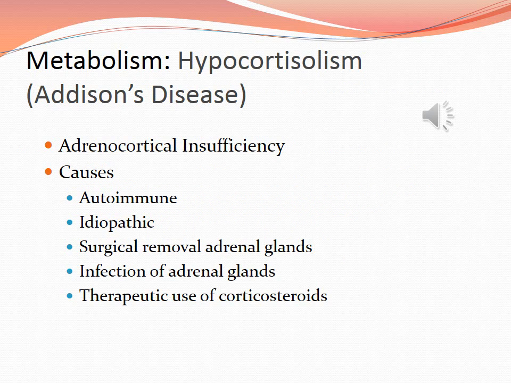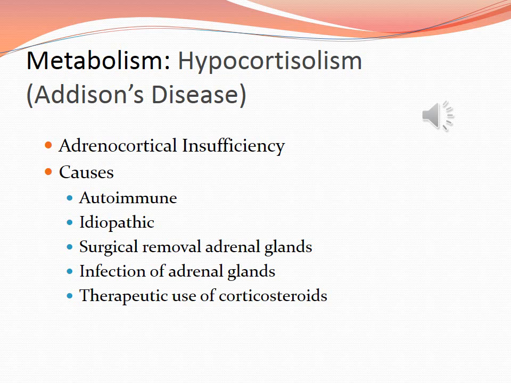With hypocortisolism, or Addison's disease, there is adrenal cortical insufficiency. It occurs when adrenal cortex function is inadequate to meet the patient's need for cortical hormones. Autoimmune or idiopathic atrophy of the adrenal glands is responsible for the majority of cases. Other causes include surgical removal of both adrenal glands and infection of the adrenal glands.